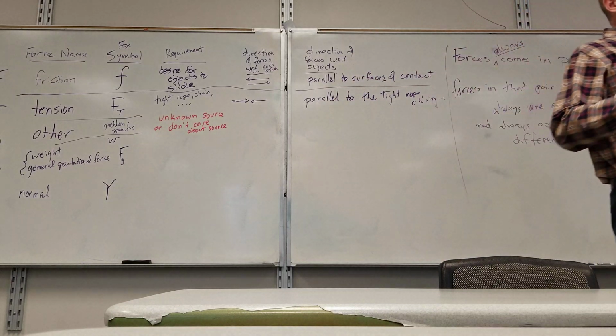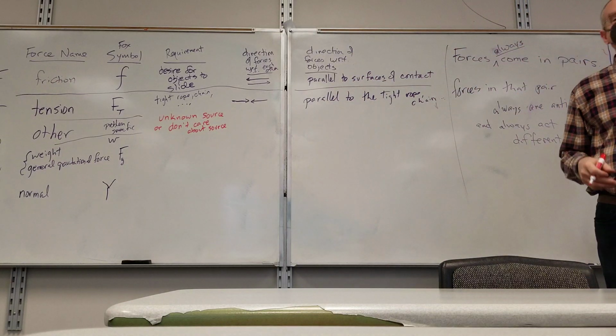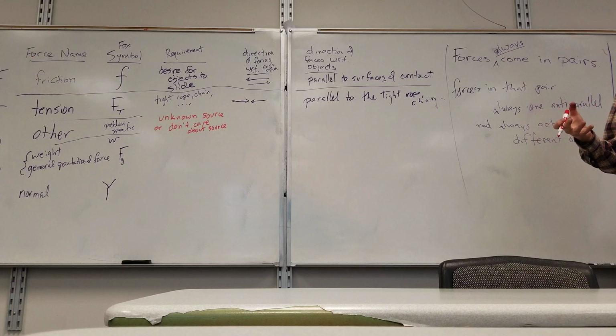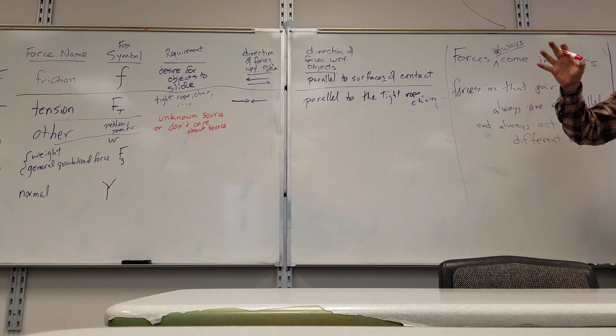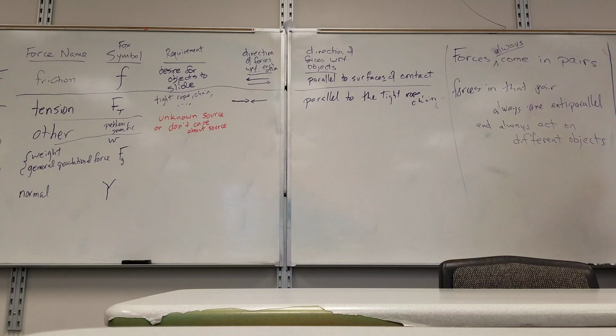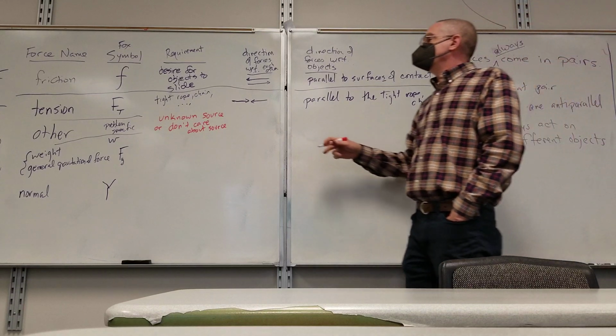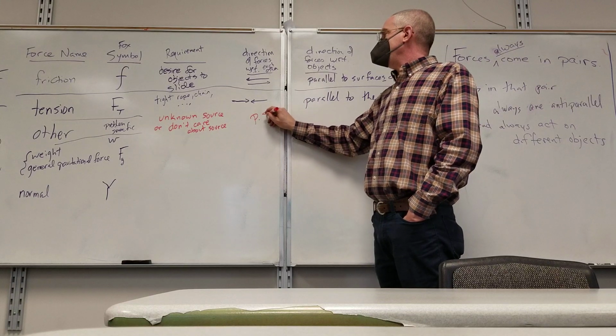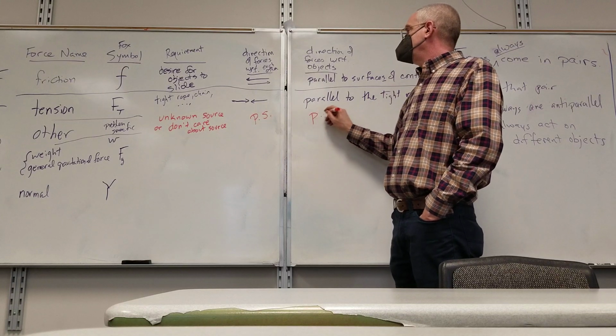This is, from a physics point of view, do we actually care? So if I had, in the problem where I had the box and I said a 5 Newton force was pushing on the box, it did not matter what the source of that 5 Newton force was. That's a case where other. That 5 Newton would be an other because I don't care what the source was. Matter of fact, we didn't even know what it is because I didn't tell you. The direction of it is always problem specific. I'll just abbreviate problem specific.